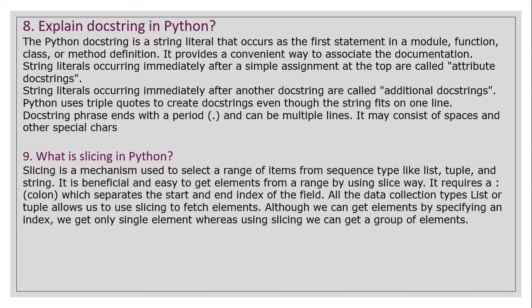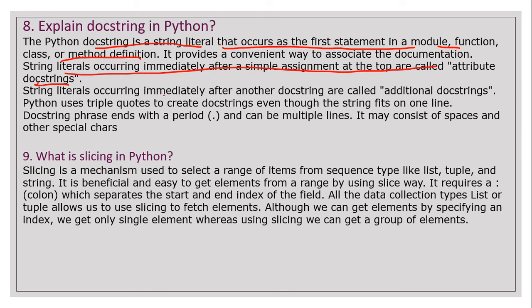The Python docstring is a string literal that occurs as the first statement in a module, function, class, or method definition. It provides a convenient way to associate documentation. String literals occurring immediately after a simple assignment at the top are called attribute docstrings.